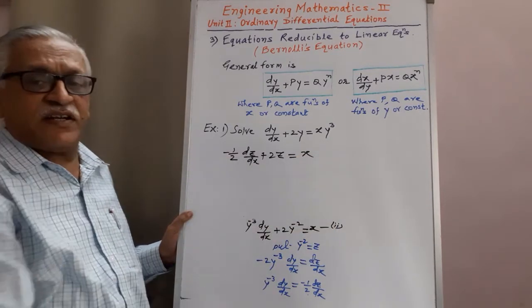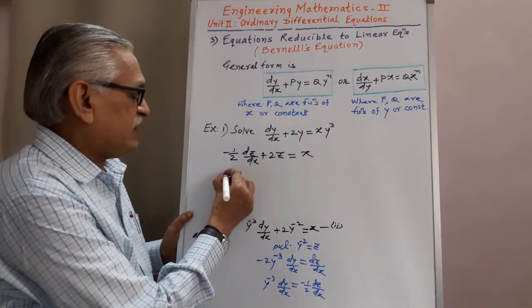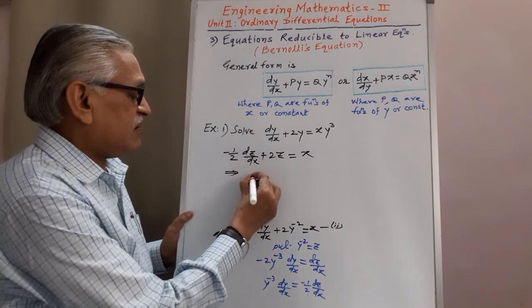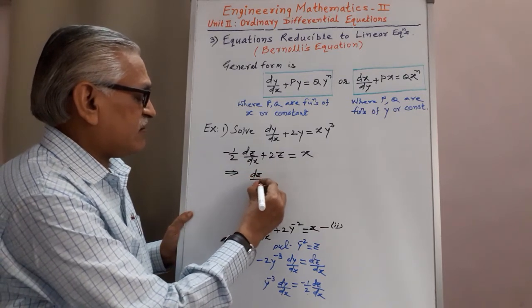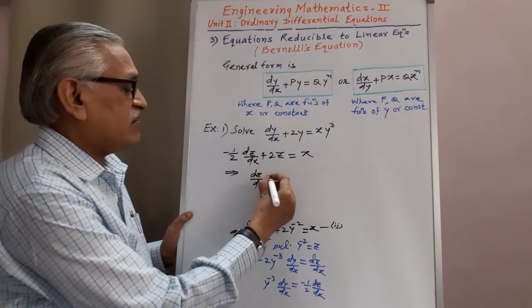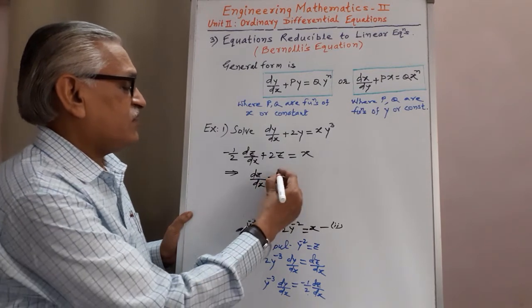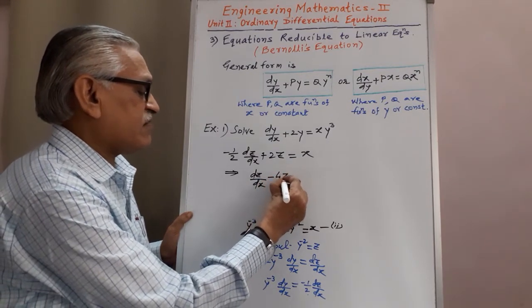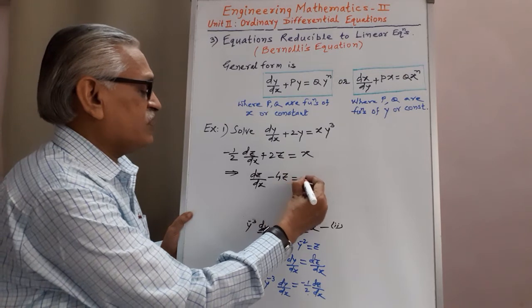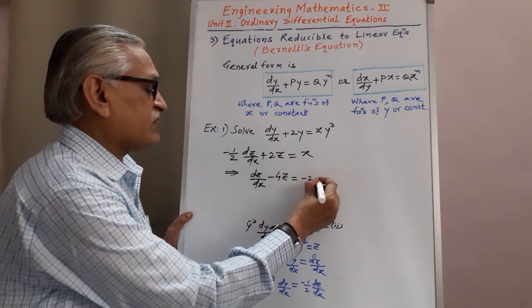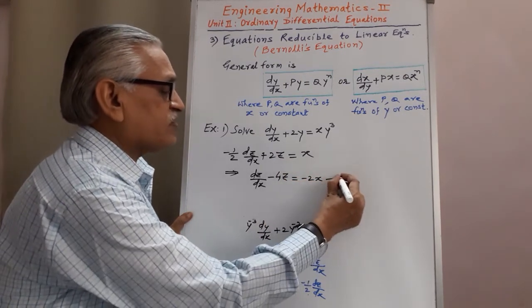Then multiplying by minus 2 throughout, we get dz by dx minus 4z is equal to minus 2x. We call this equation 3.